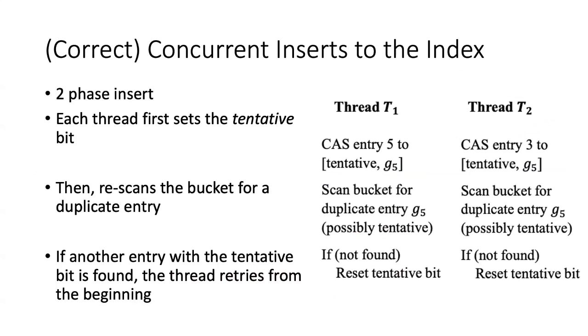And if we find another entry with the tentative bit set, it means someone else was also trying to write the same thing. So if it's found, we back off and retry the insert, which might lead to 2 threads inserting at the same time and both failing, but it allows us to never reach a state where we have a duplicate entry in the index because of this sort of 2-phase insert.